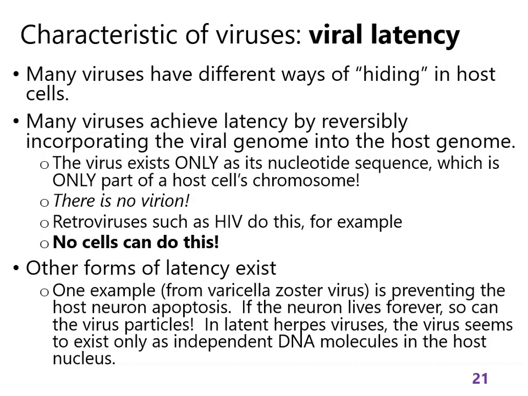This virus will keep a neuron alive, so it'll prevent the neuron from doing apoptosis, and it can keep its DNA inside the neuron's nucleus. How that happens is complicated, but it's able to keep that DNA in the neuron's nucleus, keep the neuron from dying, and that means that decades later, it can reactivate, start making virions, and a person will experience shingles.